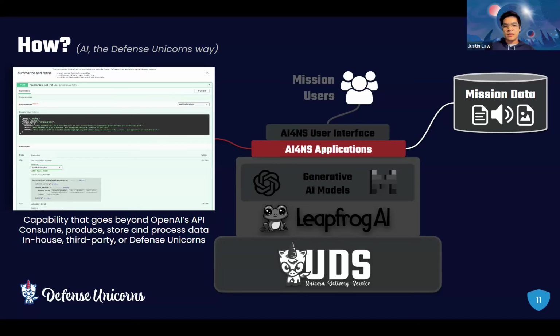One example would be an opinionated summarization agent that uses LangChain and Outlines. Or you could create a Haystack pipeline that performs RAG with any of our RAG databases once we release that feature to the public. This layer is designed to allow anyone to build applications, whether in-house, third-party, or defense unicorn software engineers. And that's the power of LeapFrog AI.